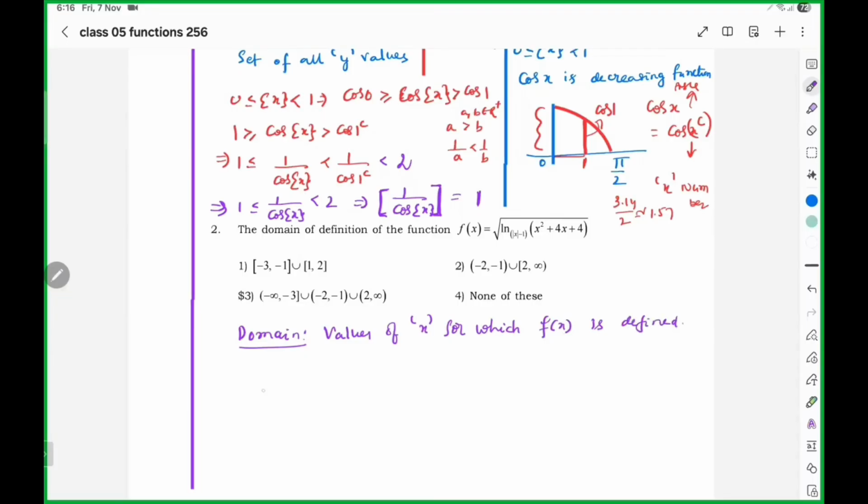Meaning of defined is, f is defined at x equal to a if f of a has a value. Value means it can be negative, zero, or positive.